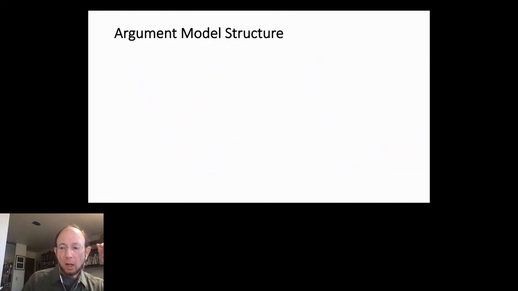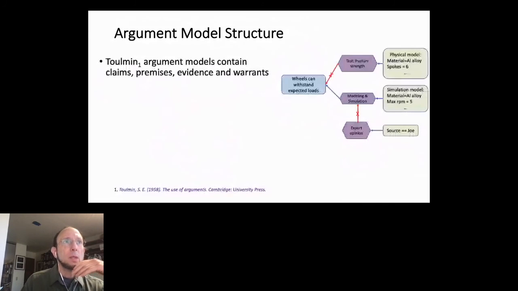So argument models, let me walk through the internal parts of them. Toulmin developed argumentation models, and they contain claims, premises, evidence, and warrants. Here we've got a claim, wheels can withstand expected loads, premises in green, warrants in purplish. The claims, premises, and evidence in Toulmin models we can think of from a computer science perspective as encodings of beliefs.